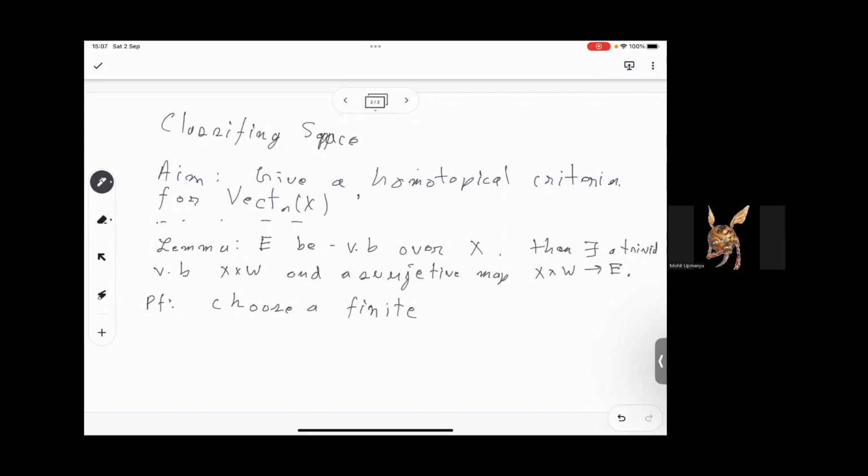So choose a finite cover U_alpha on which E is trivial.